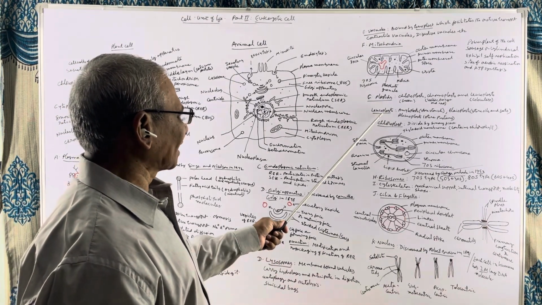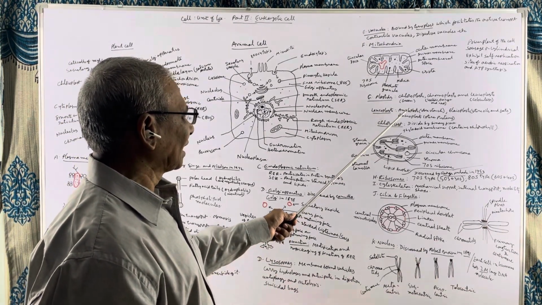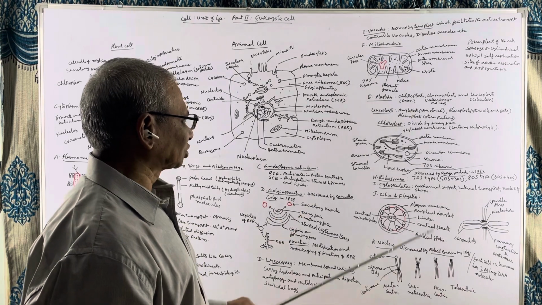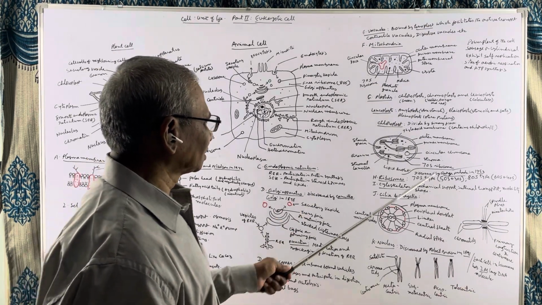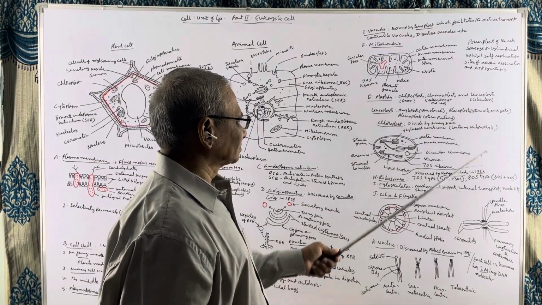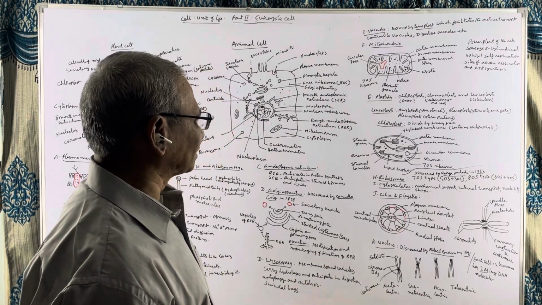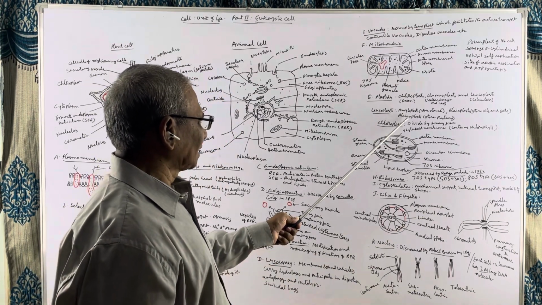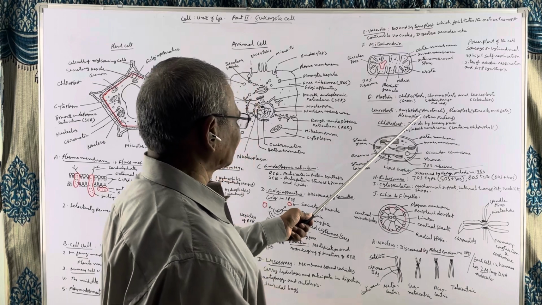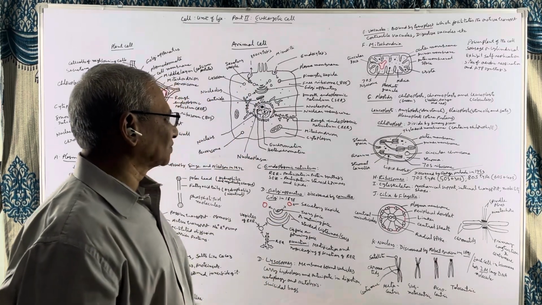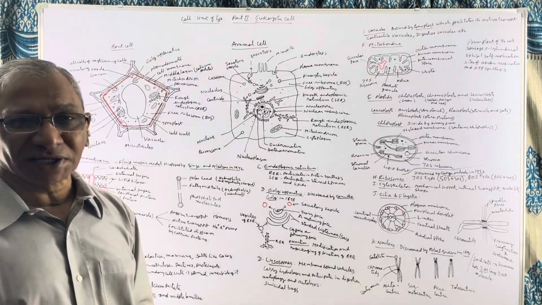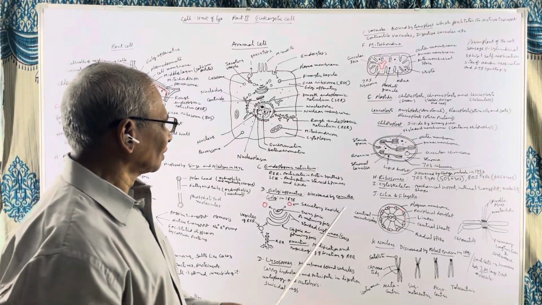The leucoplasts are again three types. Amyloplasts store starch. Elaioplasts store fats and oils. Aleuroplasts store proteins. In this way, plastids participate in different functions.